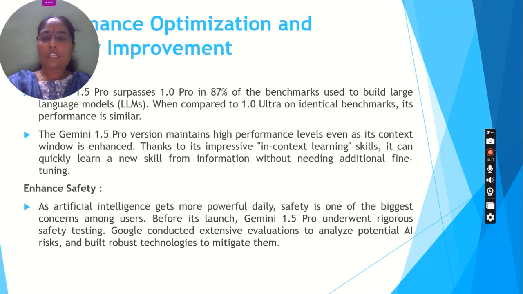So all the large language models use a smaller number of tokens, while it is able to process 1 million tokens at a time, and it also has some additional features implemented in Gemini Flash, which has the capacity to process 2 million tokens at a time.